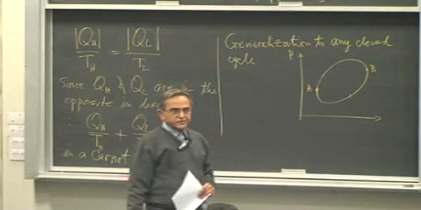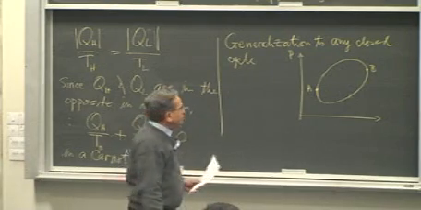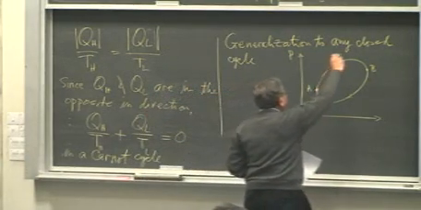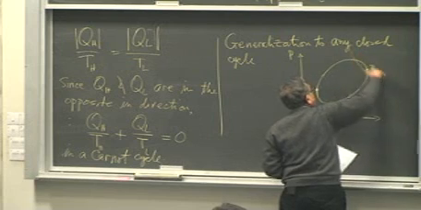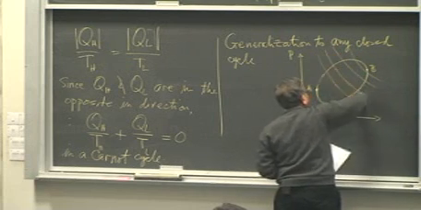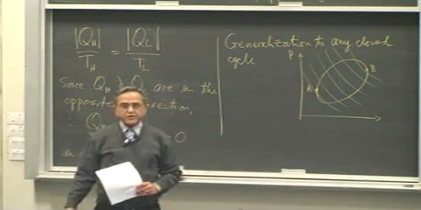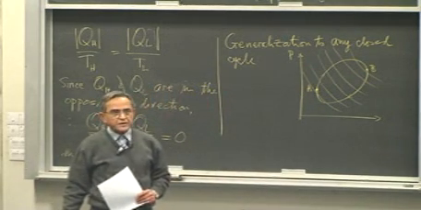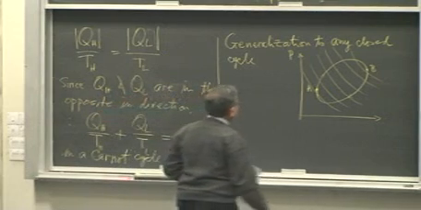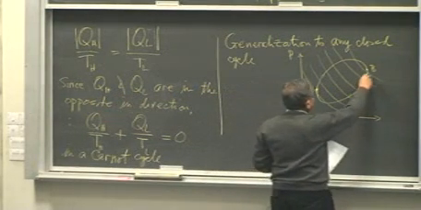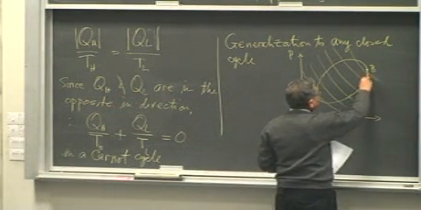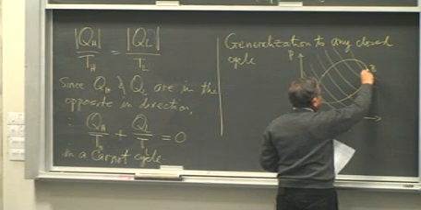And what we will do is a mental construction over here. We will draw a number of isotherms on this, and then approximate these parts of the curve by adiabats.